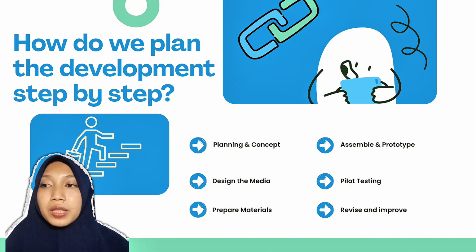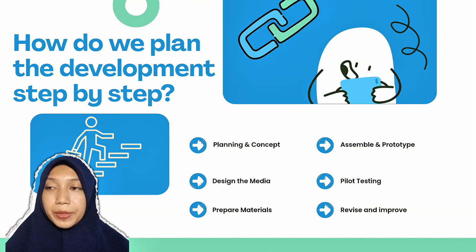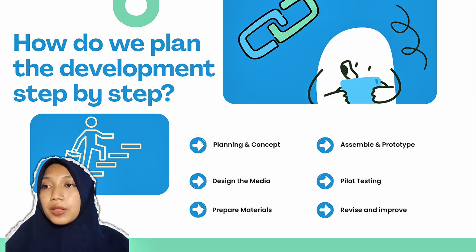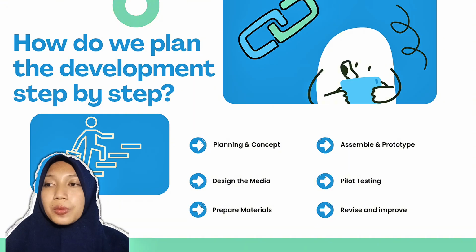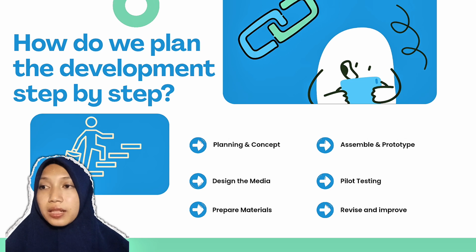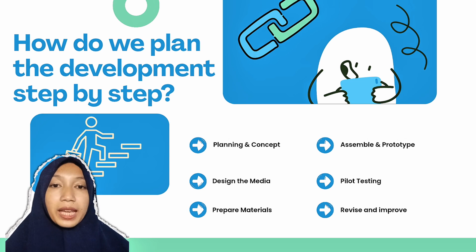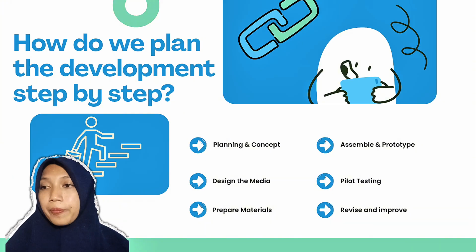And then we prepare the student worksheet and rubric for assessment. For the fourth step, we assemble and prototype. First, we cut the spinner segments neatly and attach the pointer, then test the spin for balance and reliability, and ensure both spinners for topic and challenges spin smoothly.